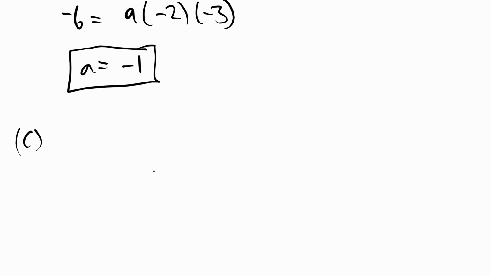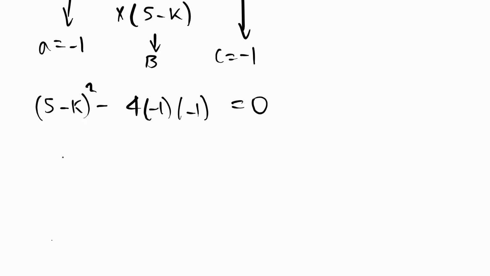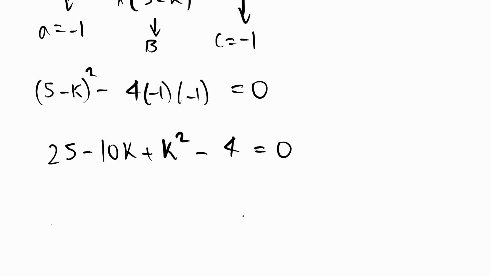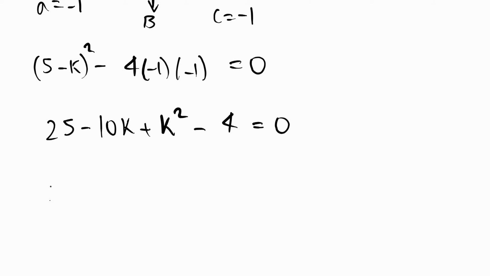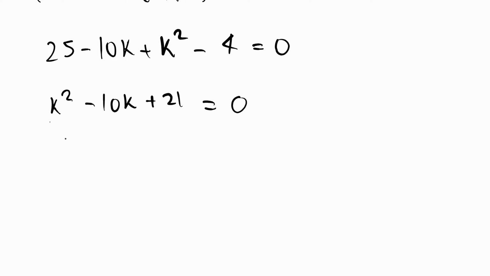Expanding this out, binomial expansion, we just get 25 minus 10k plus k squared minus 4 is equal to 0. If I rewrite this properly, k squared minus 10k plus 21 is equal to 0. Now we can factorize our quadratic equation.